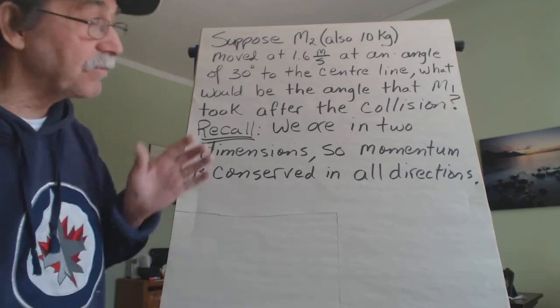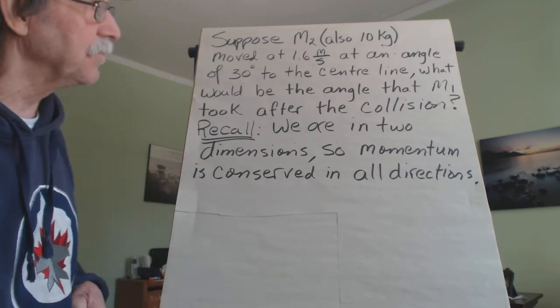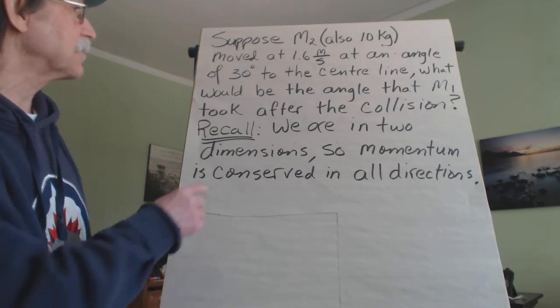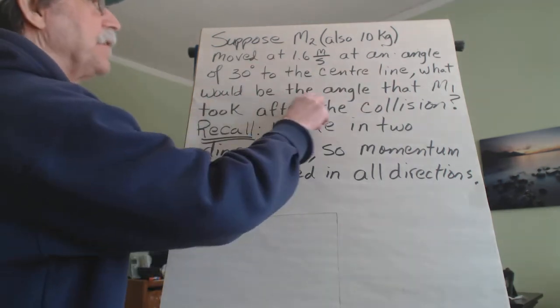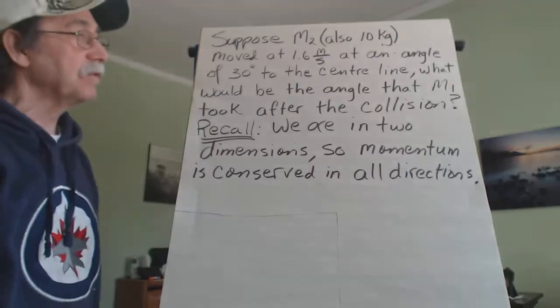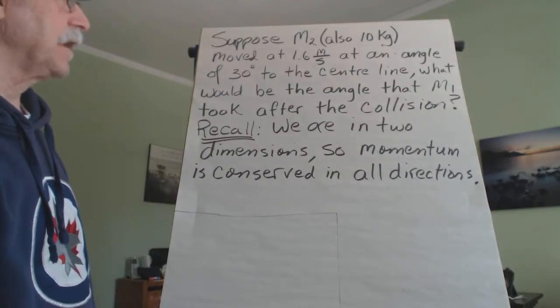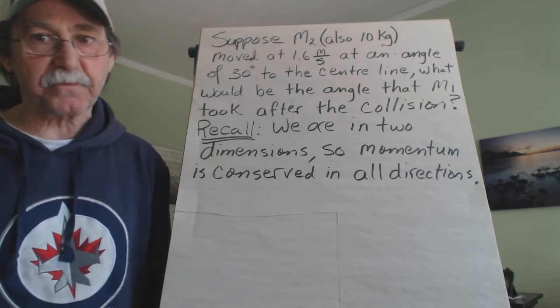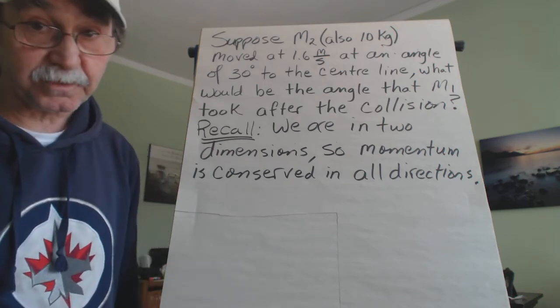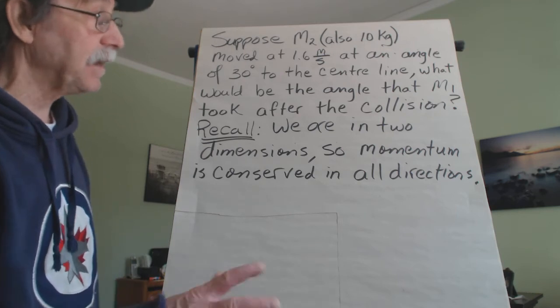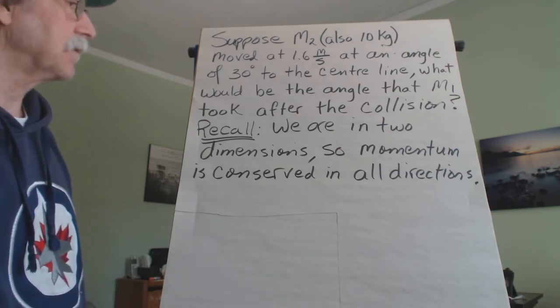The center line is also considered the x-axis. What would be the angle that M1 took after the collision? Just because one split off at 30 degrees doesn't mean the other one does.